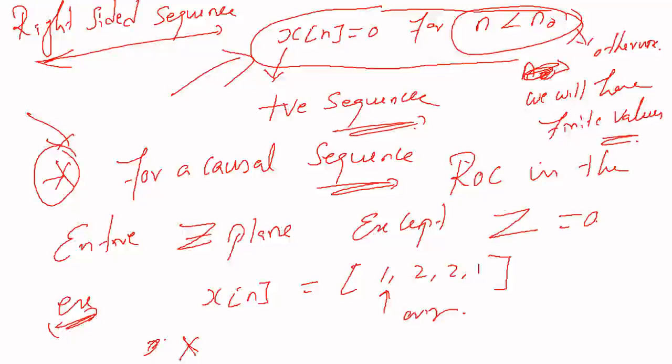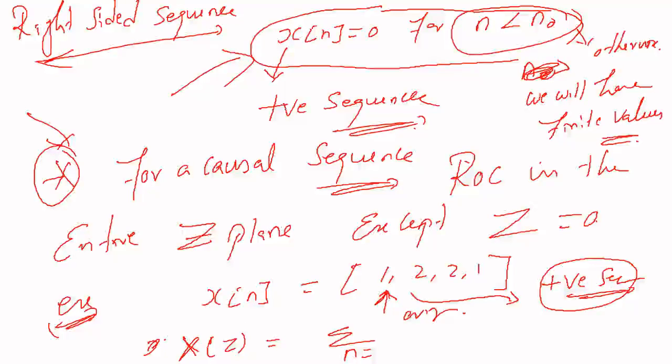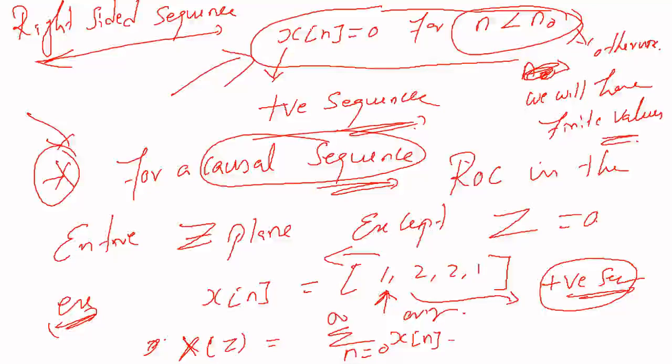Capital X of z is equal to summation from n equal to 0 to infinity, since the signal is a positive, causal sequence, of x of n into z power minus n. This is the z transform formula, we are going to apply on this.